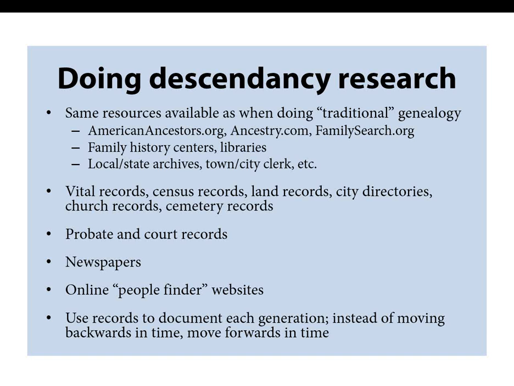So I'm going to be talking about things like probate and court records, newspapers, and then some next-gen tools, online people finder websites, and social media, etc., that can help you with this. Your ultimate goal in descendancy research is to use the records to document each generation, but you're just moving forwards in time instead of moving backwards in time.